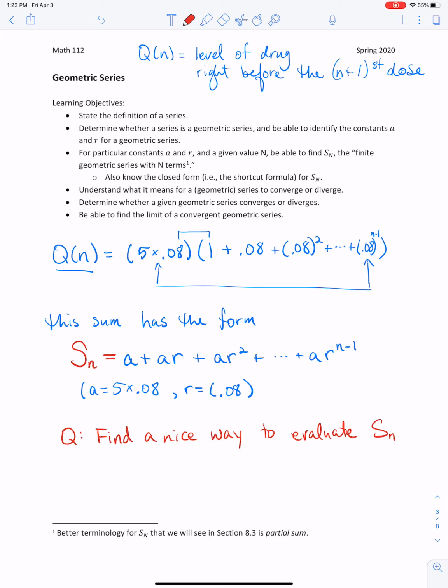So notice here that if I really want to compute Qn, I have to add up n different numbers here and multiply by this constant. So it'd be great if we didn't have to add so many times.